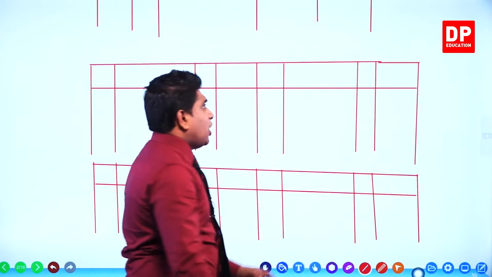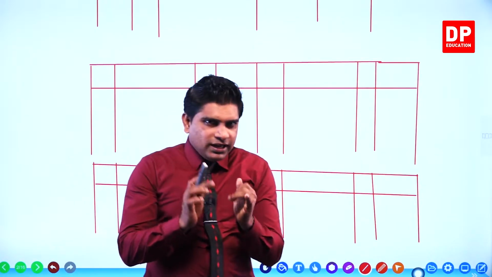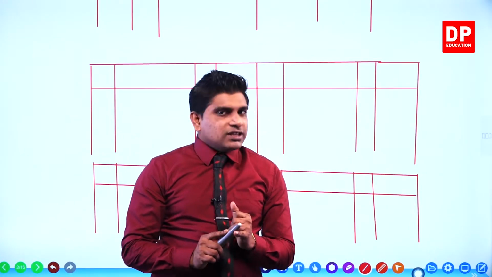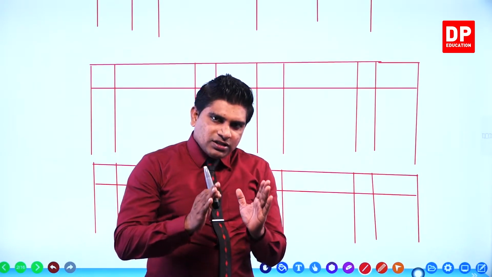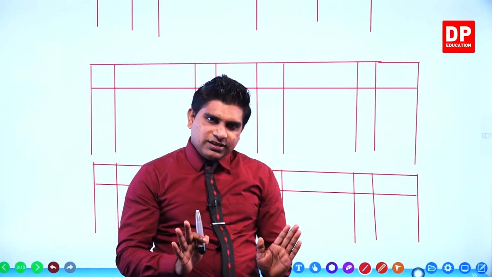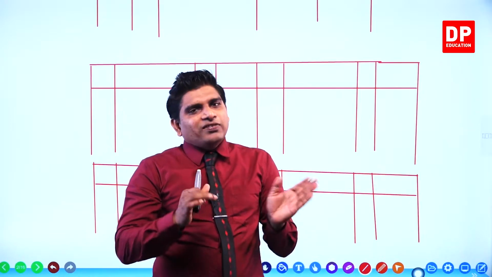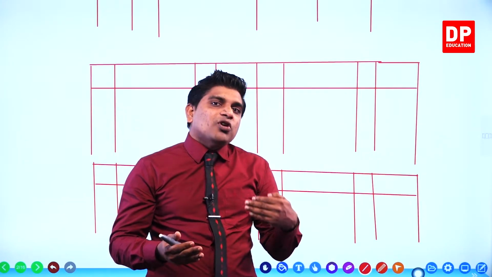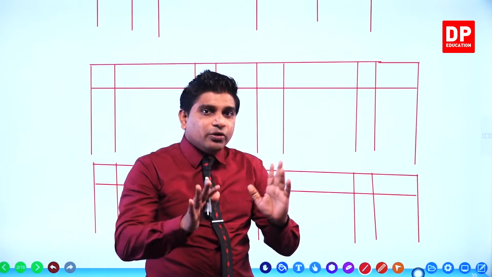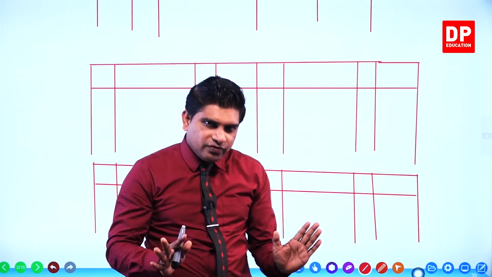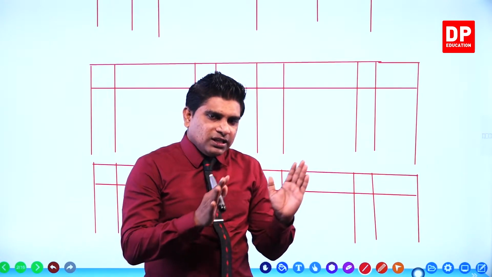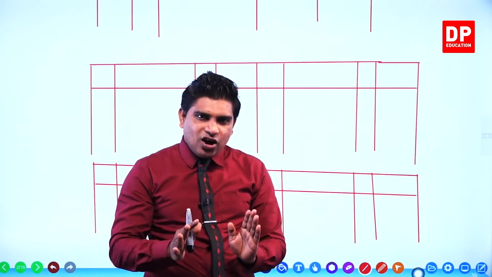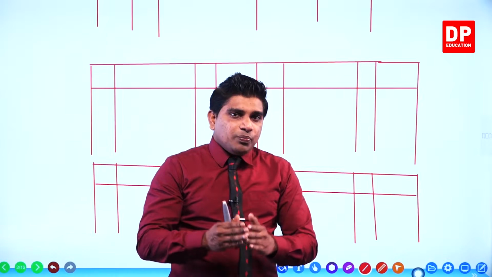Okay. Now I drew what? The general journal. Why do we draw the general journal? You know, adjustment entries are recorded in the general journal, right? After that, what do we do? The next step is to post them to the ledgers. That's why I draw two ledgers. Two ledgers are enough. After doing all the adjustments in the general journal and ledger accounts, the next step is we post them to the financial statements.